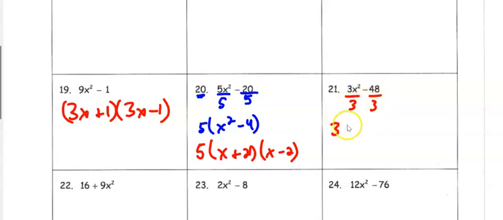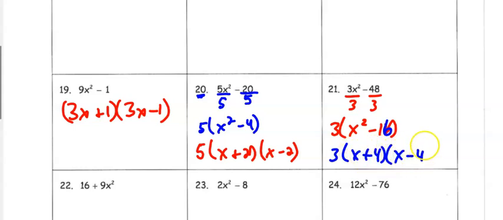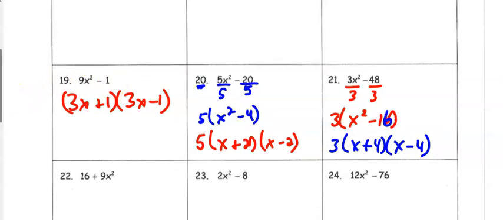So we've got 3 times x squared minus 16, which my final answer is 3 times x plus 4 times x minus 4. When in doubt, multiply to check your answers.